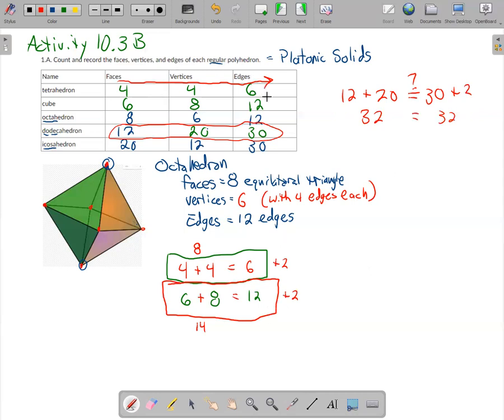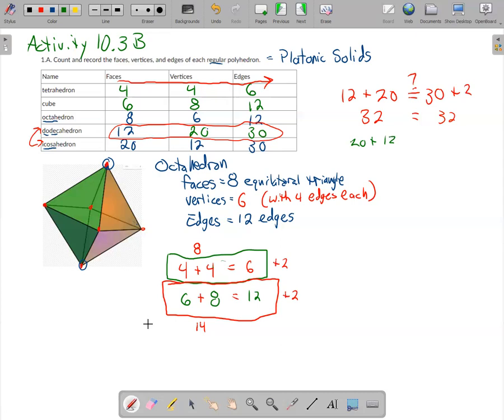So I've checked it for 1, 2, 3, 4 of them. And you can see that the faces and the vertices switch between the dodecahedron and the icosahedron, so the same will hold true. That one, instead of 12 plus 20, is going to be 20 plus 12. And they have the same number of edges each, which is kind of neat. So that's one of the patterns.